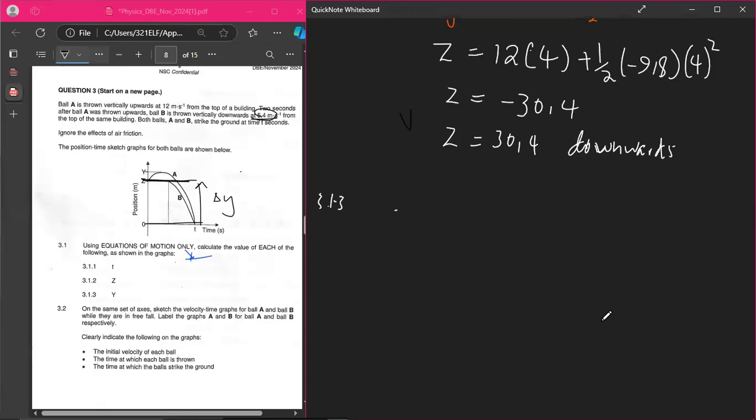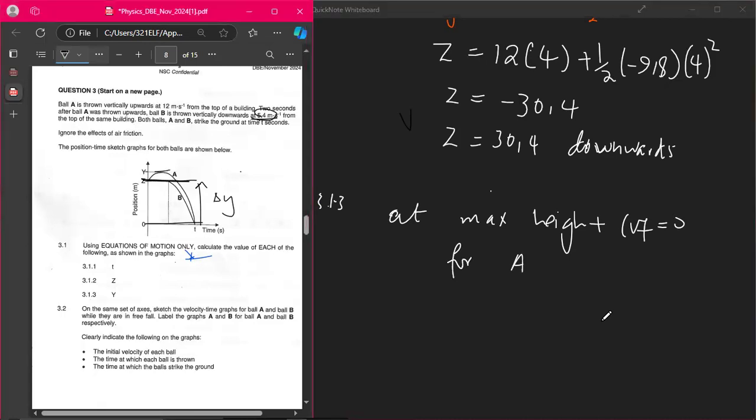One thing that I know is that at max height, velocity is equal to 0. Vf equals 0. That is for ball A, the one that goes and reaches that maximum height.